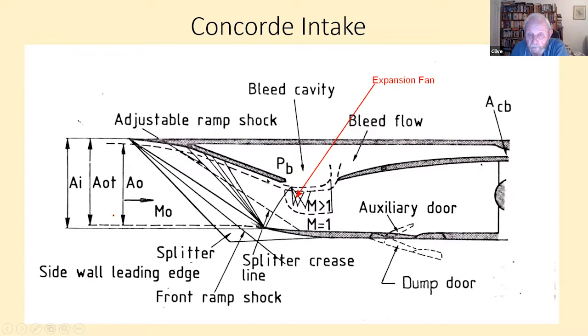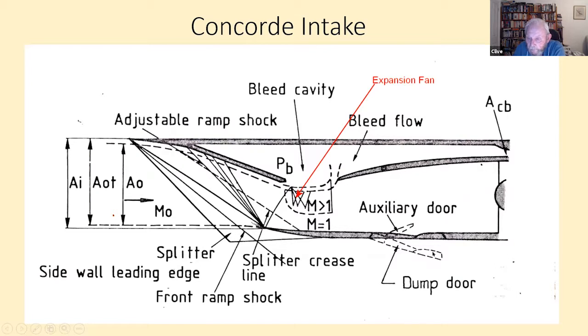You will see illustrations which show the bleed flow going in here, but it can't, because the pressure here is going to be bigger than the static pressure there. That big high pressure will leak into there, and that will stop the flow out there. So the flow enters the bleed flow, in fact, as a discrete jet. Beyond that point, we're into a conventional subsonic diffuser.